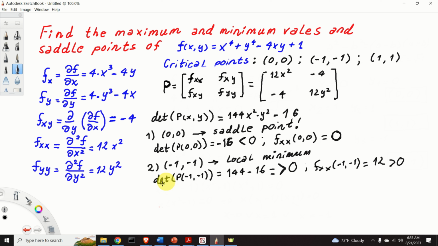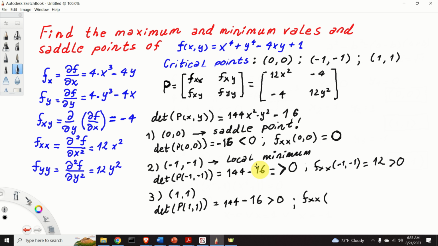Perfect. How about the third case? Let's see the third case. The third case is 1, 1. Okay, let's see. Determinant of P at 1, 1 is obviously 144 from here minus 16. Again, this is larger than 0. Perfect. How about fxx?